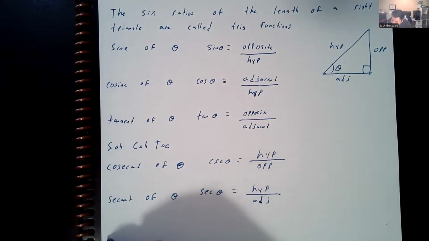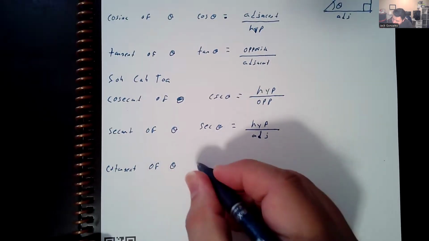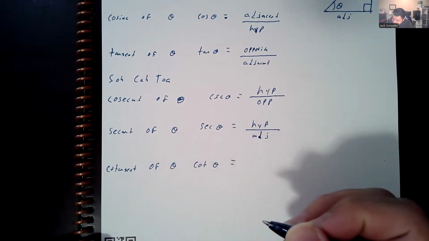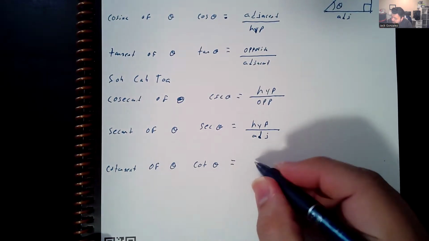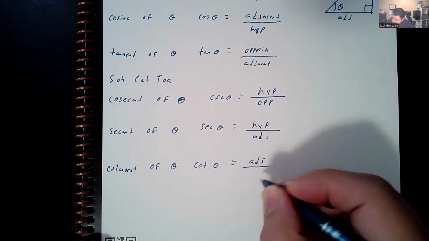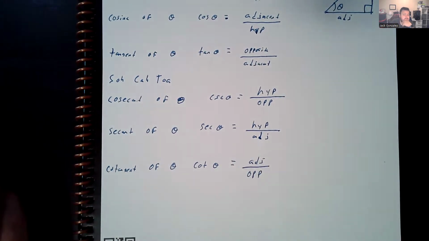And then cotangent of theta, cotan theta, is equal to adjacent over opposite. So this is the reciprocal of tangent. We're going to need these to solve the triangles and make things a little easier.